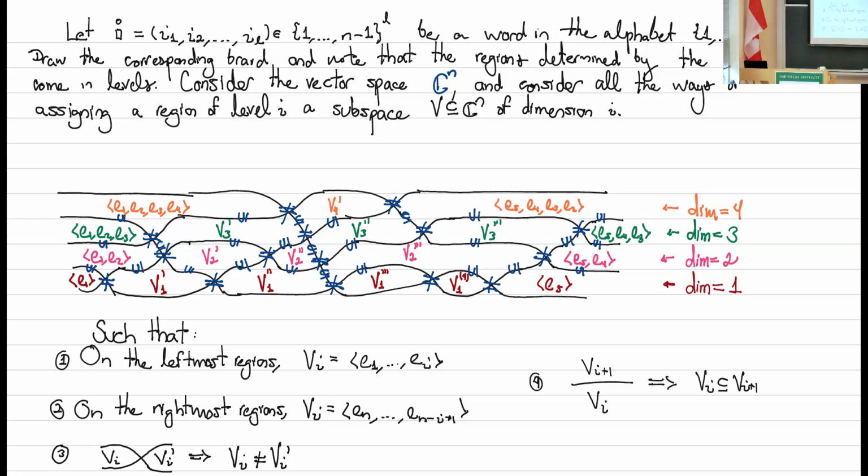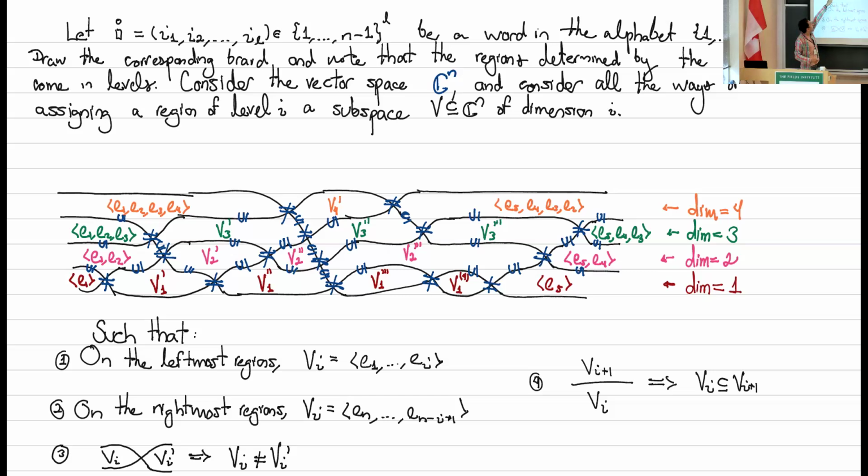So for example, here, I start with E1, E1, E2, and so on. With this crossing, I am going to replace this subspace generated by E1 by V1 prime of dimension 1, but I still want it to be contained in this subspace generated by E1 and E2. Okay? So I have some freedom, but not too much freedom.